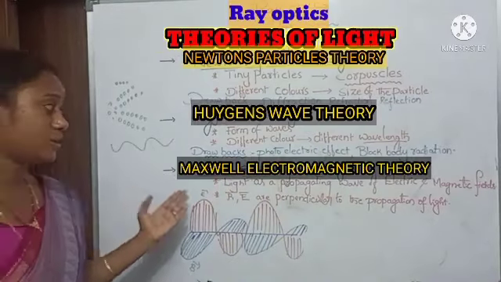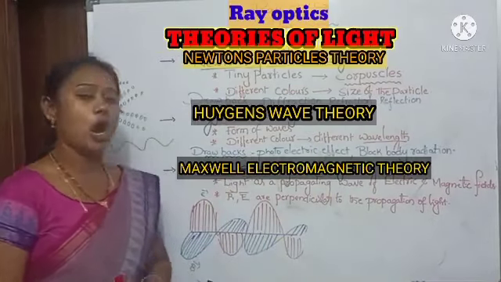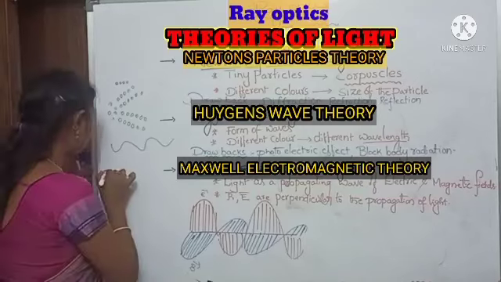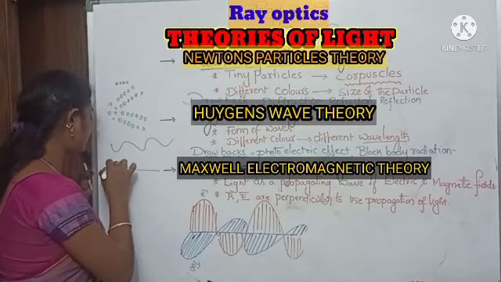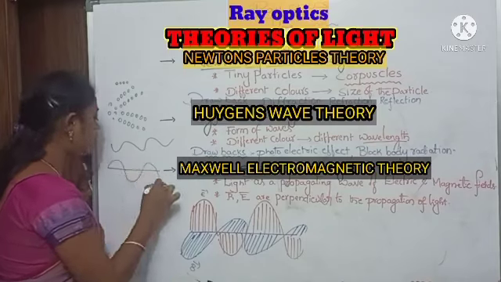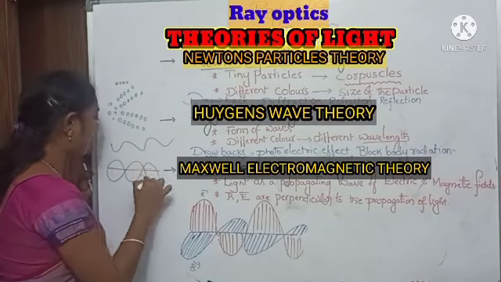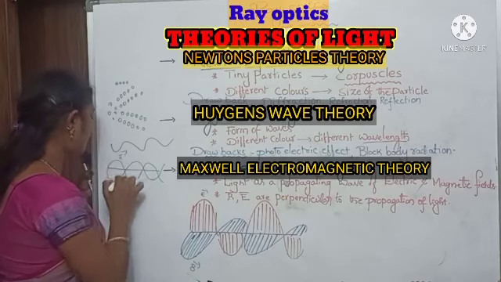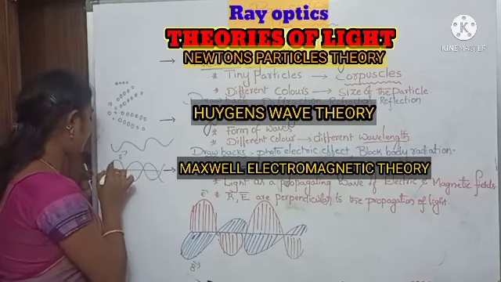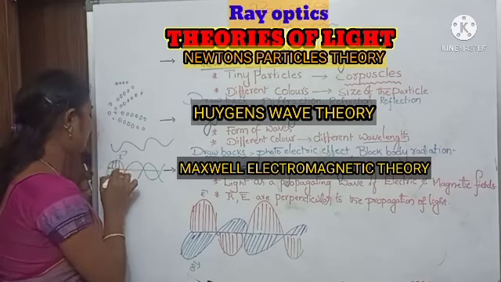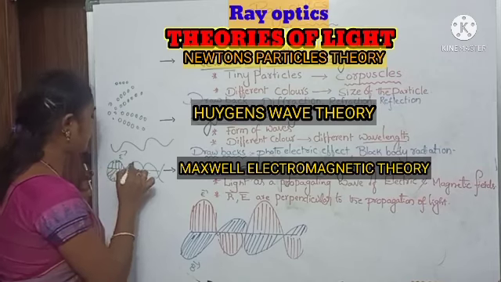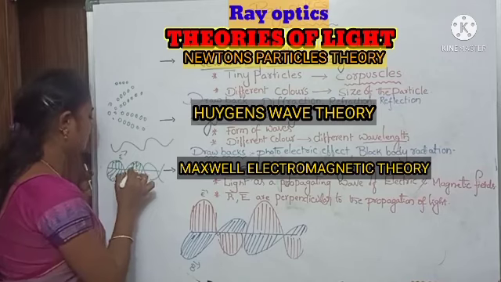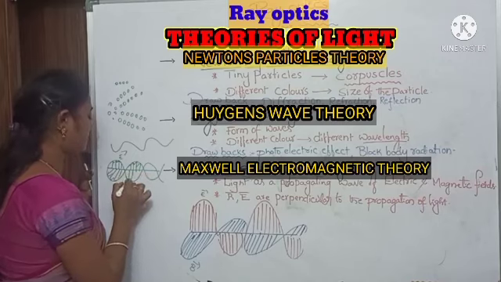Next, Maxwell's electromagnetic theory. According to Maxwell, the light wave consists of both an electric field and a magnetic field. The electric field and the magnetic field are perpendicular to each other, and also perpendicular to the direction of propagation of light.